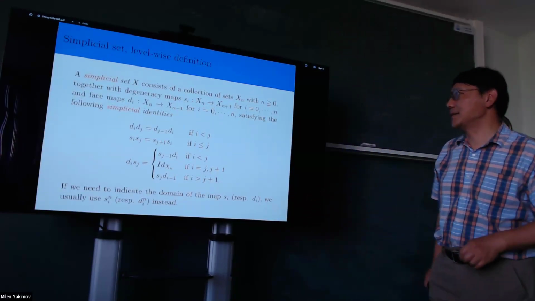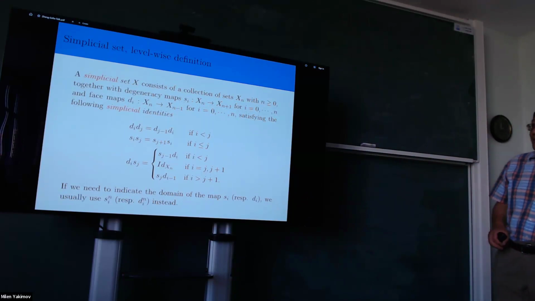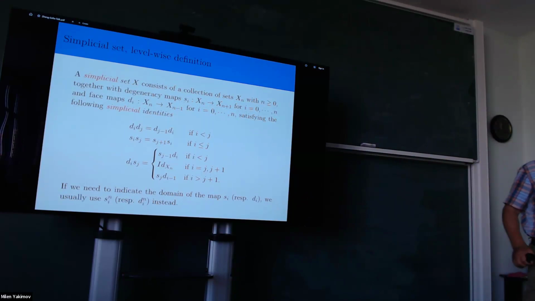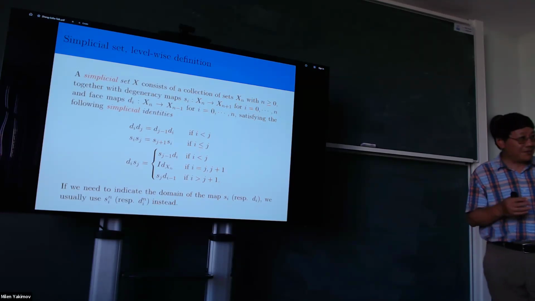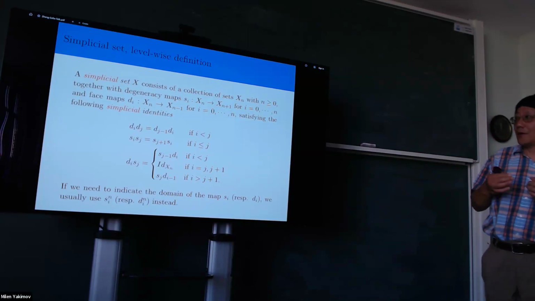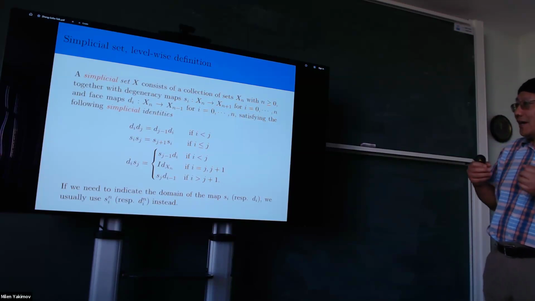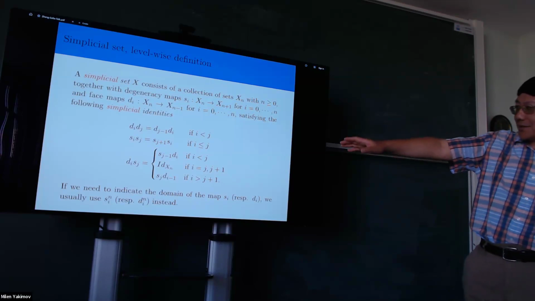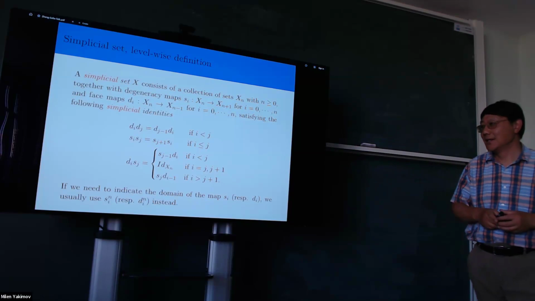A simplicial set can be considered as a collection of sets X_n. I use X for a simplicial set, with n beginning with 0, together equipped with degeneracy maps and face maps. This concept is from topology, satisfying the simplicial identities. I list all the simplicial identities here.